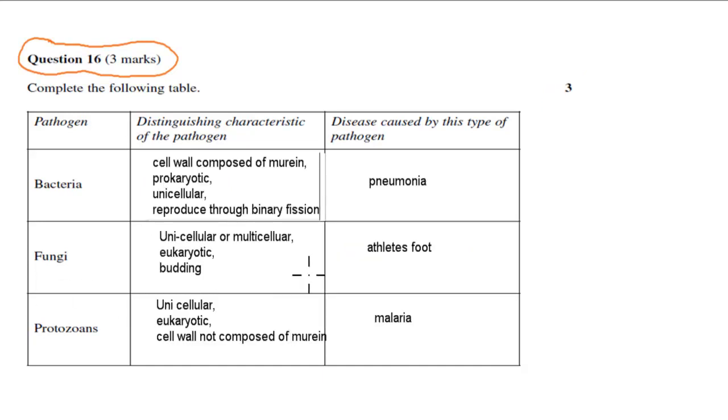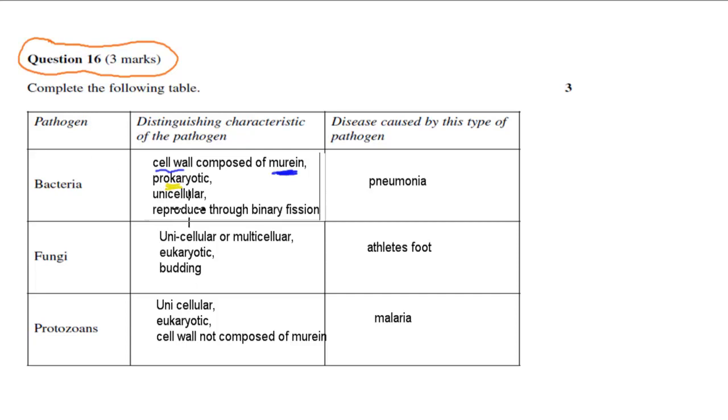Right, so what I wrote is, again, I wrote much more, but you wouldn't have to have had that much. I just put it in there in case some people had it and wanted to double check. So bacteria, for example, their distinguishing feature would be they have a cell wall which is composed of murein. That's just a different type of chemical. They are prokaryotic.